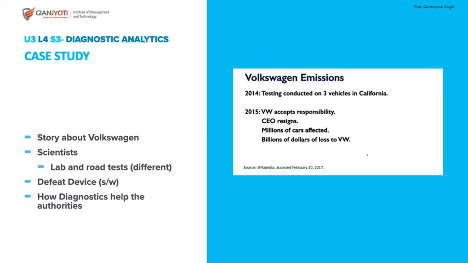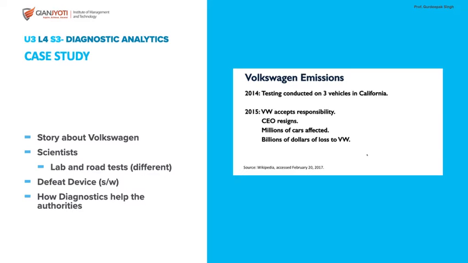So whether the car is in the lab or outside on the road. When you go for the pollution test, you take the car to the lab, and this defeat device, the software, was able to detect that you are in the lab.